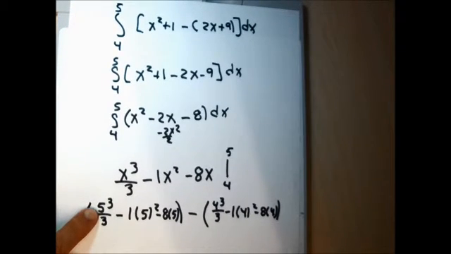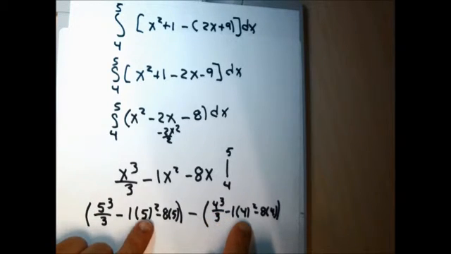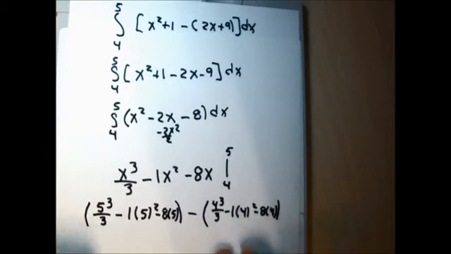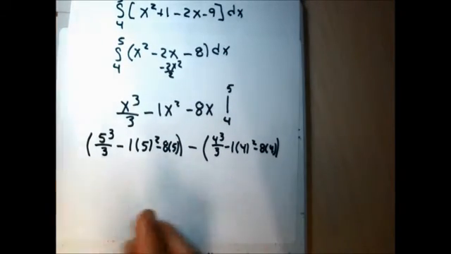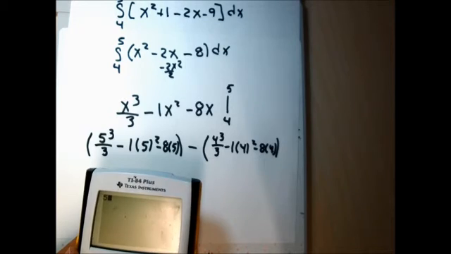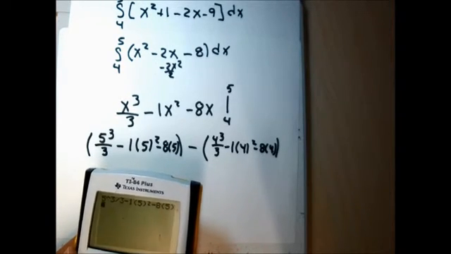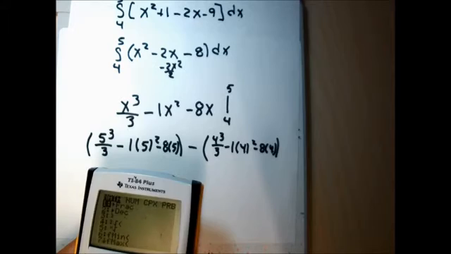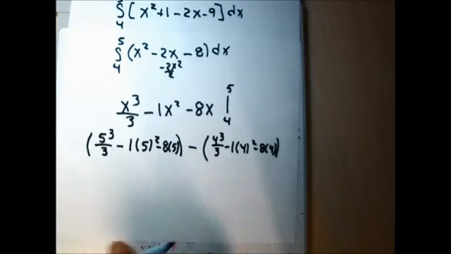Because the 5 and 4s are positive here, I don't really need a parentheses. To be safe, I used parentheses here because that negative 1 in front, I wasn't sure what was going to happen if I didn't put the parentheses in. So back to my main screen. First one, 5 up arrow 3 divided by 3 minus 1 times 5 squared minus 8 times 5. Math, enter, enter. I get negative 70 over 3 for the first one.